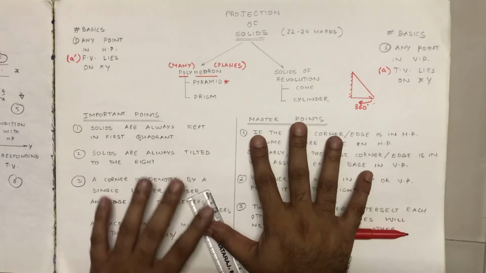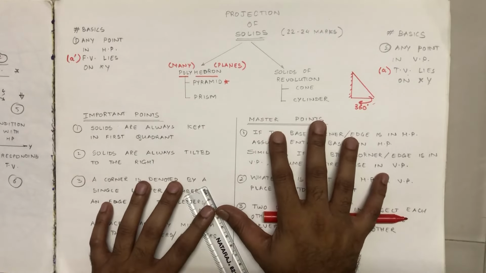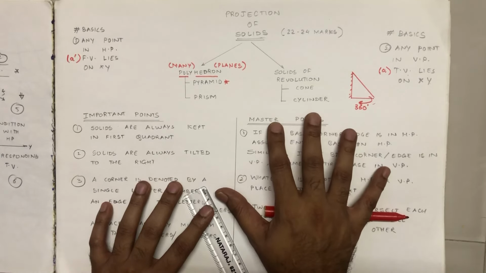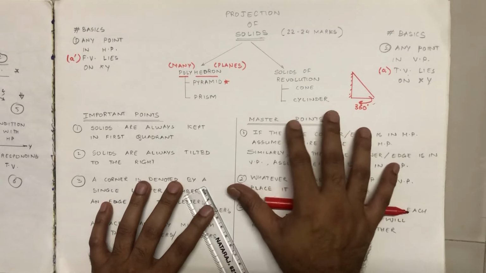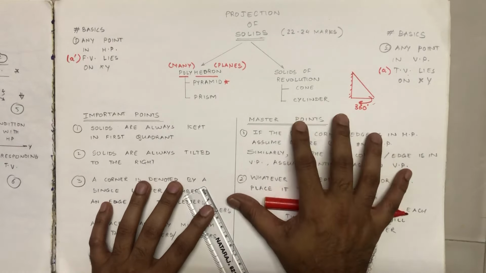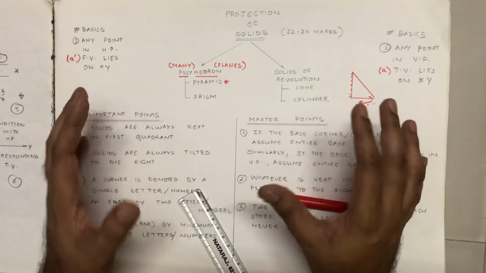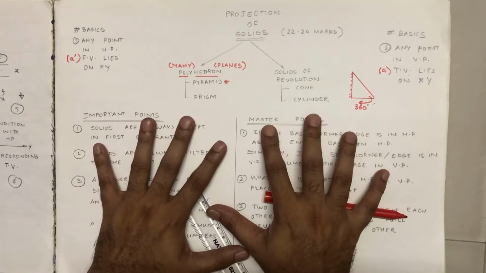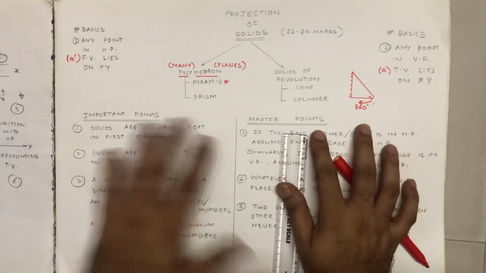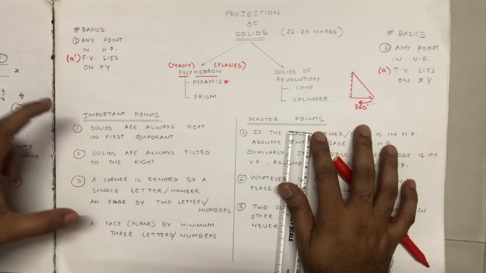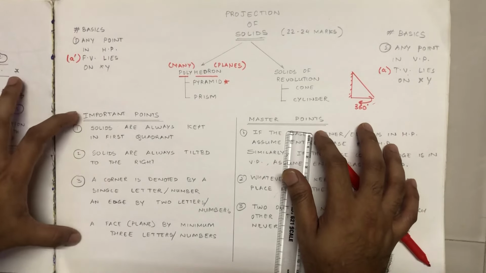Now, as I have always said, engineering graphics or engineering drawing is a subject where imagination has to be given secondary preference. You have to build your imagination, right? So what I have done is divide this entire chapter into some set of points. The first set of points I am going to call important points.